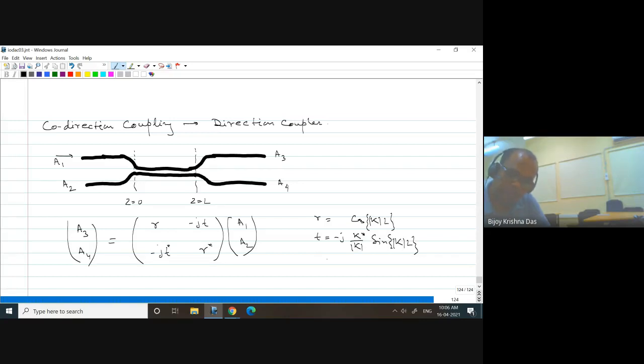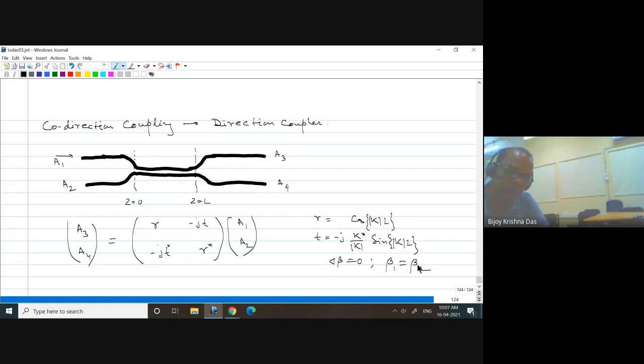That is derived for a certain condition, that is actually delta beta equal to 0, meaning beta 1 equal to beta 2. So waveguide 1 and waveguide 2, they are identical waveguides, and that is the situation it is giving.